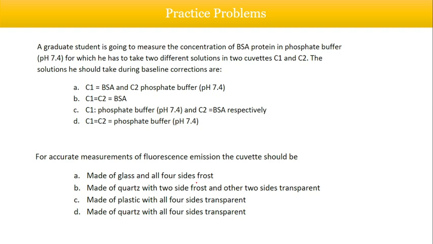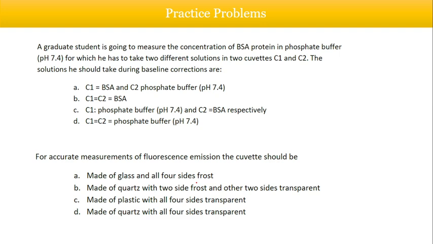The blank is the solvent in which your particular sample is present. For example, if the sample is in water, then your blank should be water, and if your sample is in a particular buffer, in this case the phosphate buffer, then the solvent used for your baseline correction should also be that particular buffer of that particular pH.